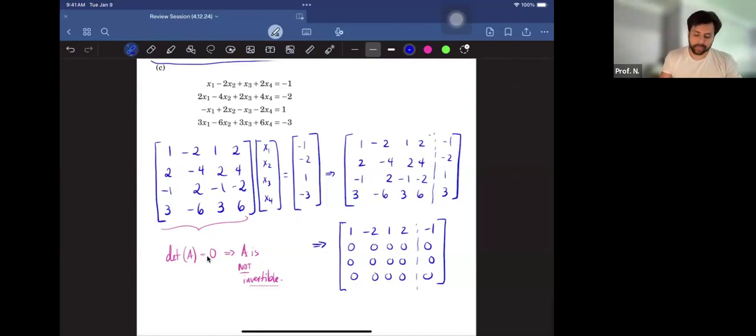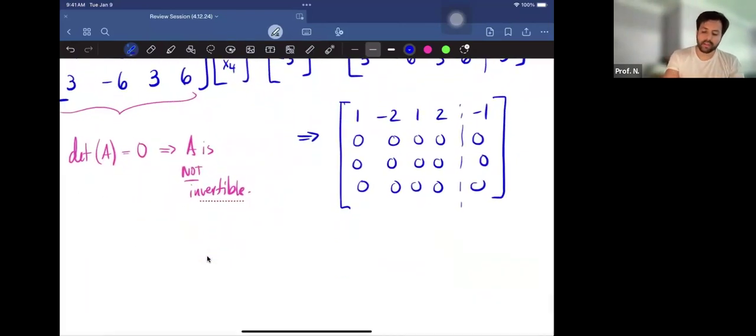Okay. What does this mean? I have one pivot, right? And then I got 3 free variables.